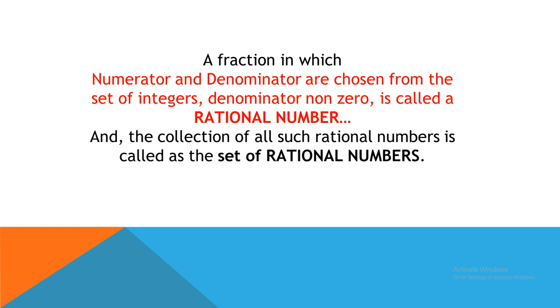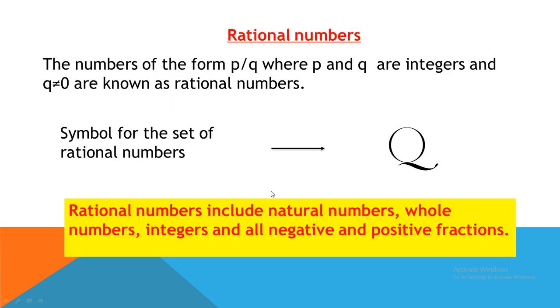So, the difference between fraction and rational. In fractional numbers, we know that numerator and denominator are positive, but in rational numbers, numerator and denominator both are integers. So a set of numbers in the form of p upon q, where p and q both are integers and q is non-zero, is known as a rational number.